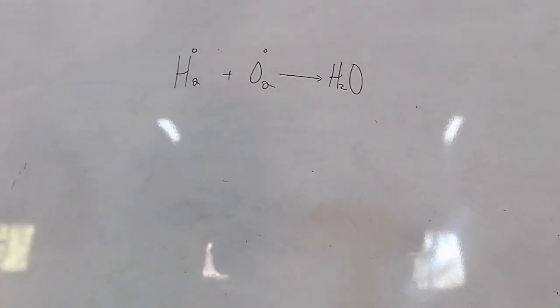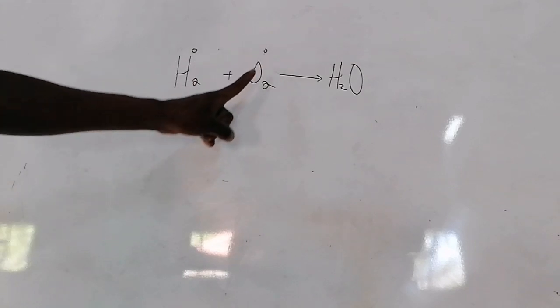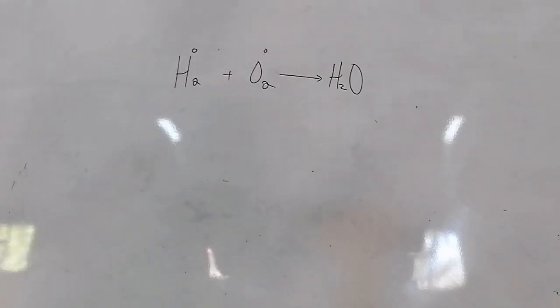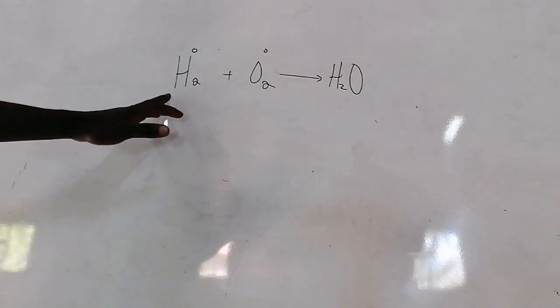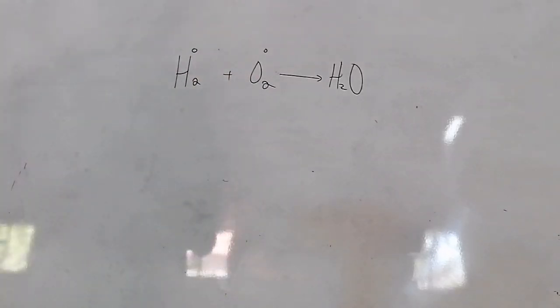And we know that when an oxygen atom is bonded with another element, its oxidation number will be -2. But now we can't put -2. Why? Because the oxygen atom here is not yet bonded to other elements, it is just a diatomic element, just like hydrogen gas and oxygen gas. So I've written the oxidation numbers of these elements.